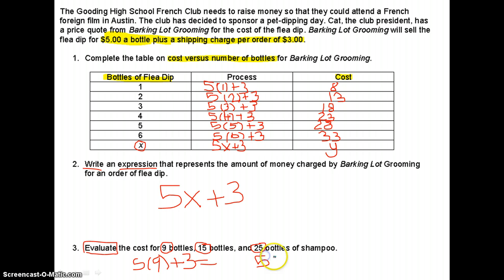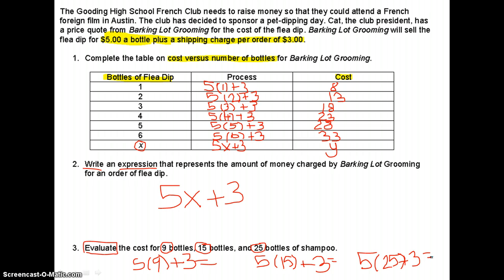Next one would be 5 times 15 plus 3. And the last one will be 5 times 25 plus 3. Then I would just solve to see what they equal. I would just put them in the calculator.